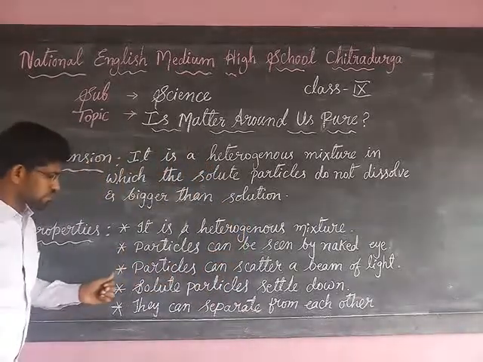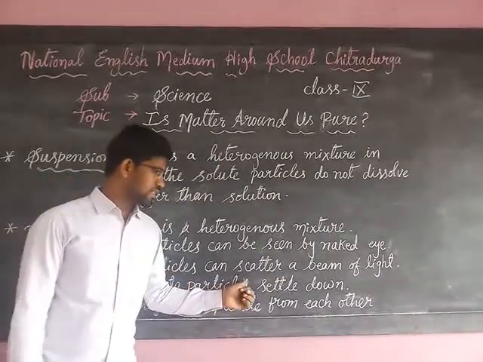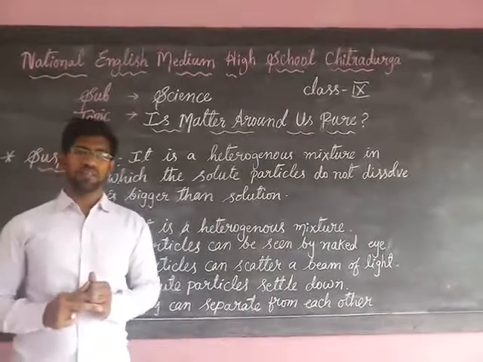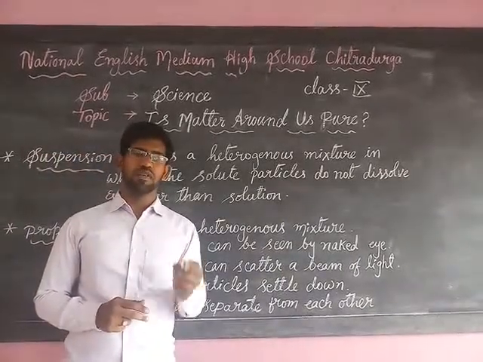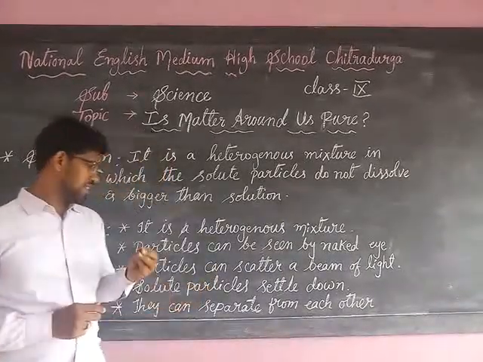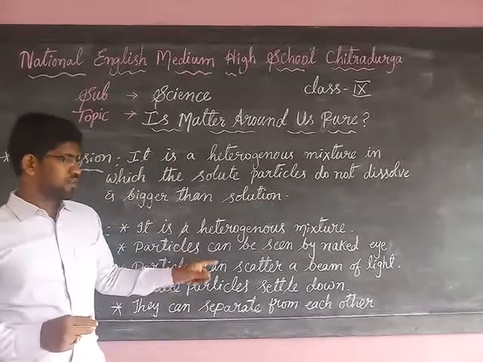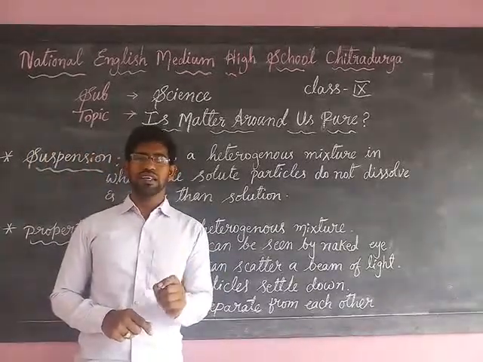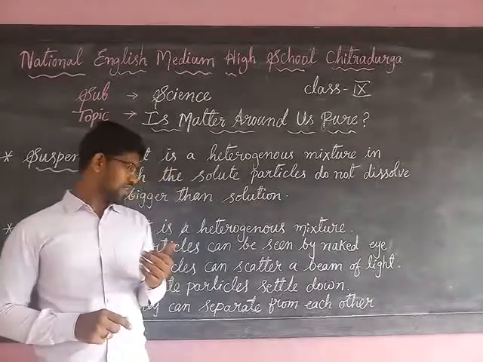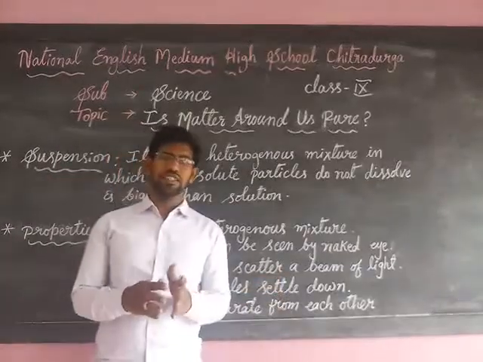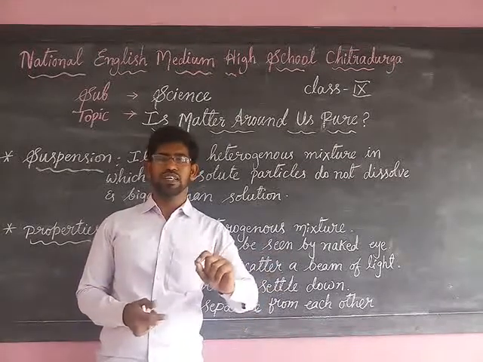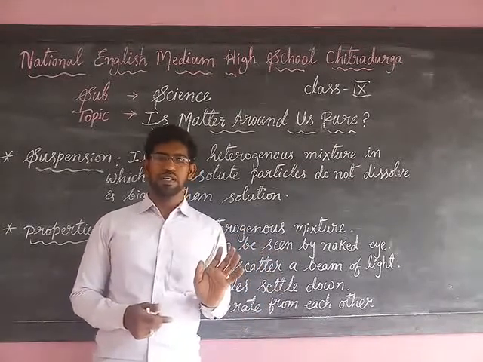Then next, the particles can scatter a beam of light when it is directed through it, and the light can be easily seen. Why? Again, because of the bigger size particles of the solute, they can easily scatter a beam of light. They are spread throughout the mixture and the path can be easily visible.